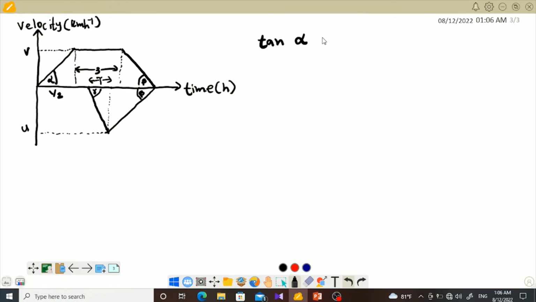Tan alpha equals, here is a right angle triangle. Using the right angle triangle, I can write tan alpha as v divided by half. We know that tan of the acute angle is equal to the acceleration, which is f. Then I can write the value of v as f divided by 2. I did cross multiply the values.